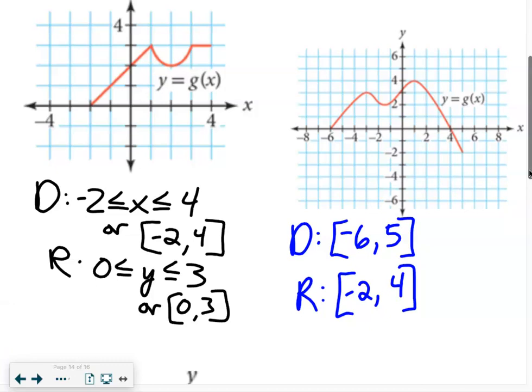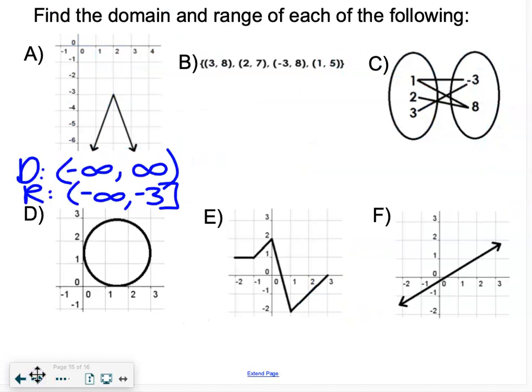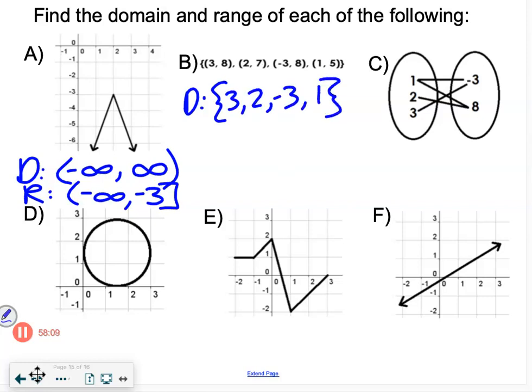All right, let's go to the next screen. One of the things I didn't point out in class is you never put a bracket around infinity. You can't include infinity. It's not even a number. It's a concept. So you just have to put a parenthesis. For this one, when you're doing the domain, you just have to list the x values: 3, 2, -3, 1.